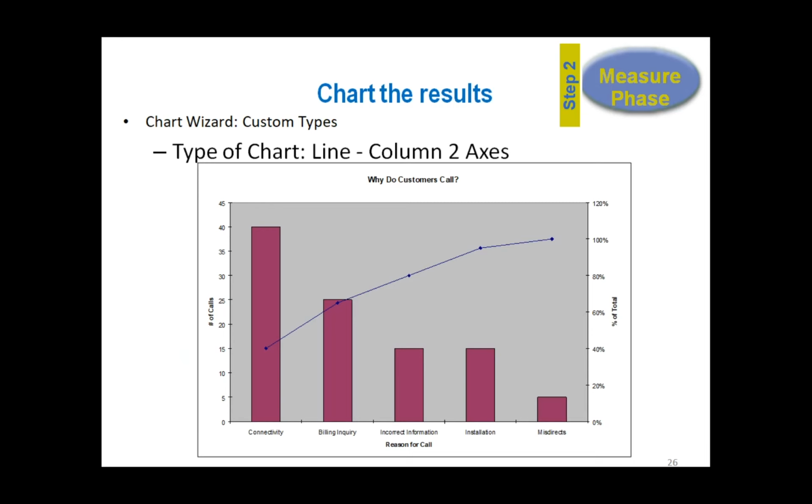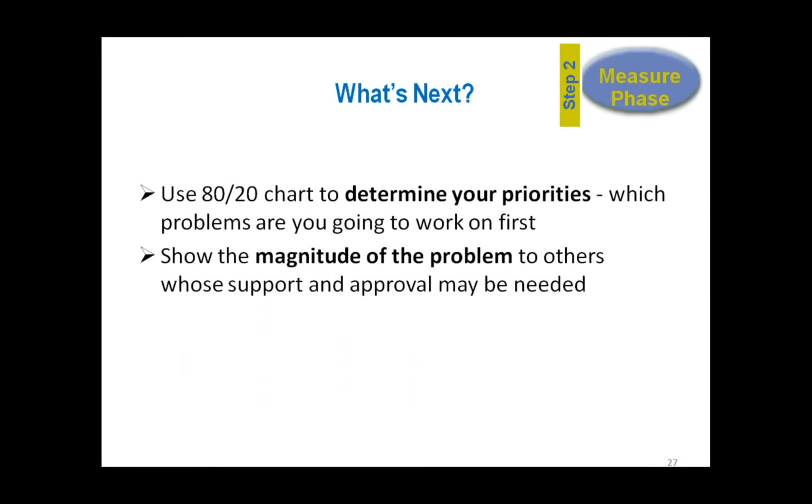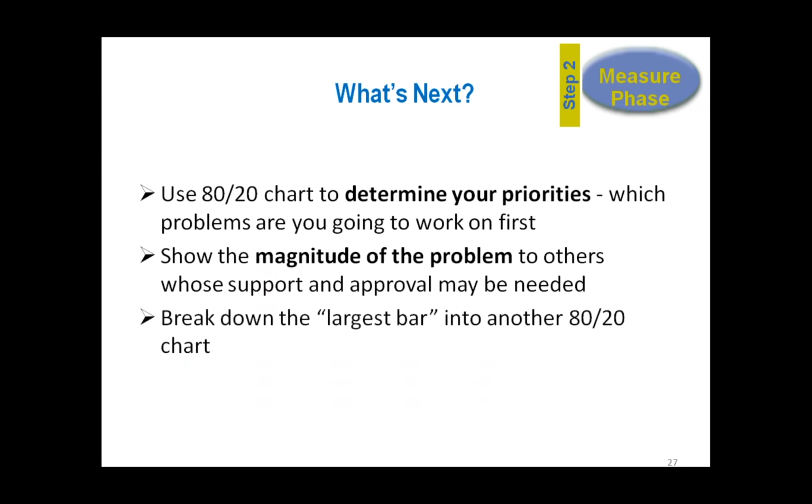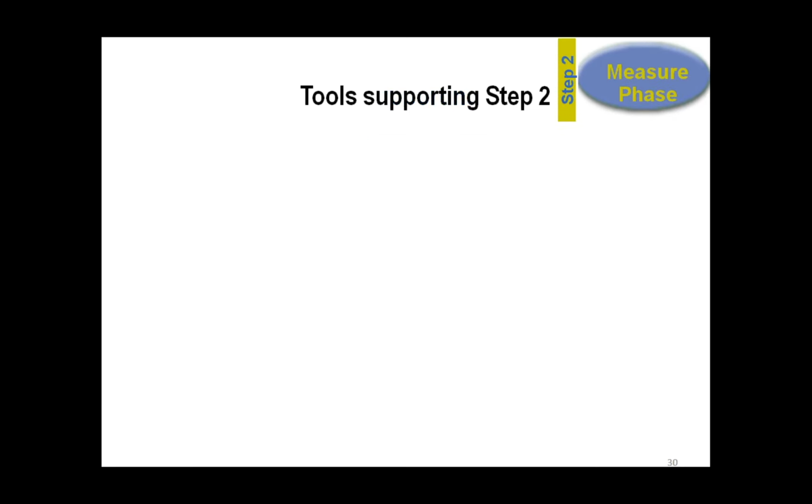They reduce in number, and then incorrect information and installation, which are the next two categories, become the top most concerns, and then we address them and so on and so forth. So it just helps us to prioritize where to work on. That's what we do, magnitude and the largest bar, we talked about it. We can, of course, have many examples of that. This is another example of a Pareto chart.